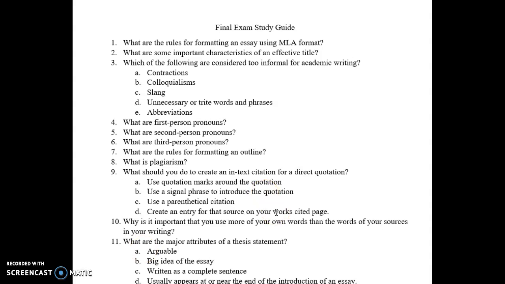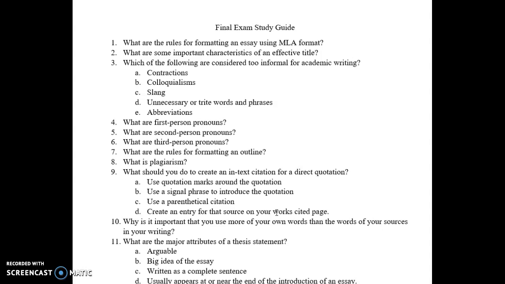Know what plagiarism is and how to avoid it. One way to avoid plagiarism is to attribute the words you are using from your sources to the sources using in-text citations, which means you will have quotation marks around the words of the source. You will have a signal phrase that introduces the quotation and attributes that idea to the source.